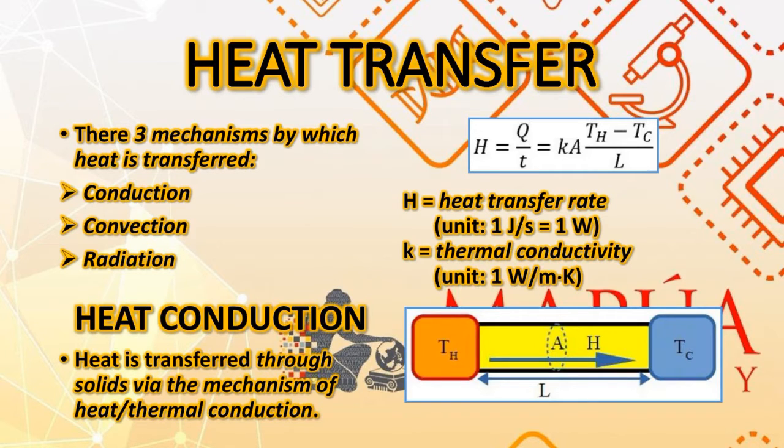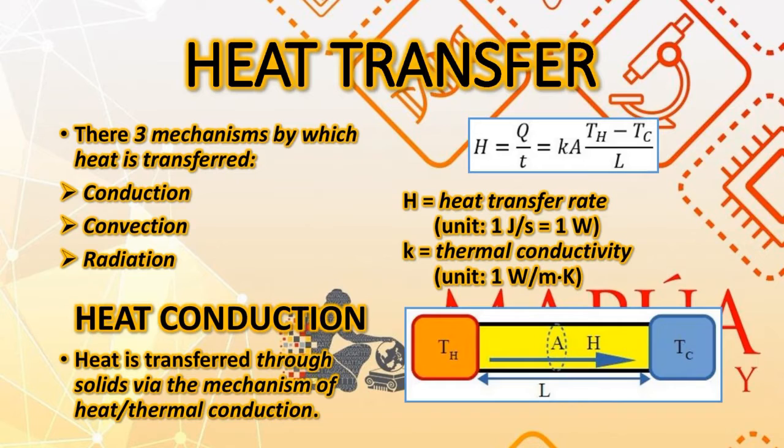On one side, you have temperature TH, and on the other side, you have temperature TC. TH, or hot temperature, and TC, what we call cold temperature. TH is greater than TC. As such, heat will flow from hot to cold, heat will flow from TH to TC.